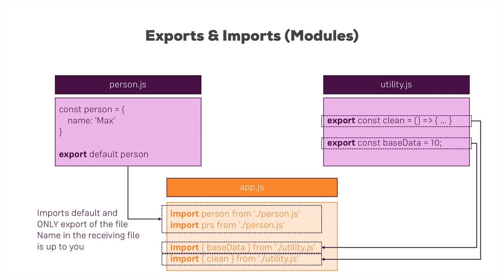We import the clean constant by its name, and we import base data by its name. Because we didn't mark anything as the default. So for JavaScript to know what exactly we're pointing to, we need to give it the exact name. And the name goes between curly braces. By the way, you could also write this as one import statement with base data, comma, clean, or the other way around. So these are imports and exports.